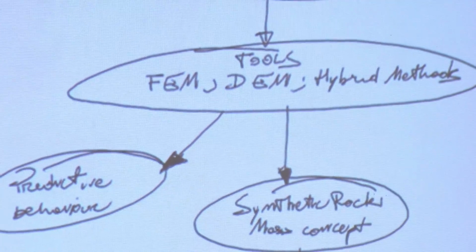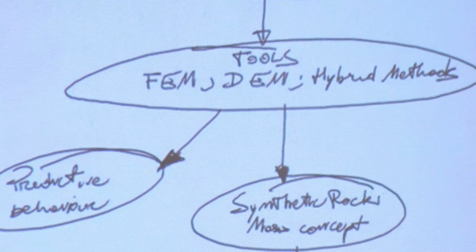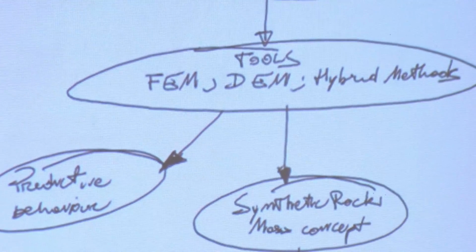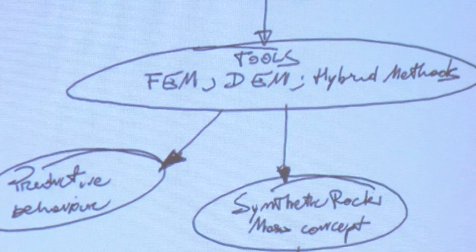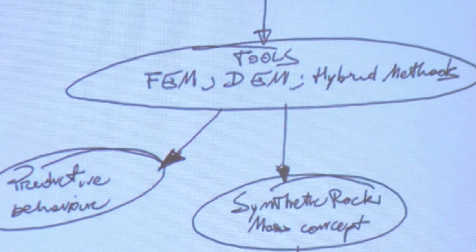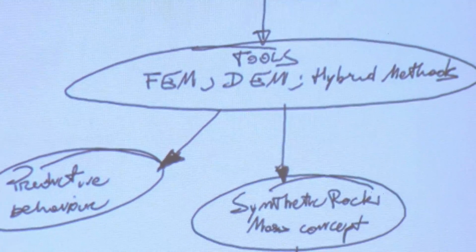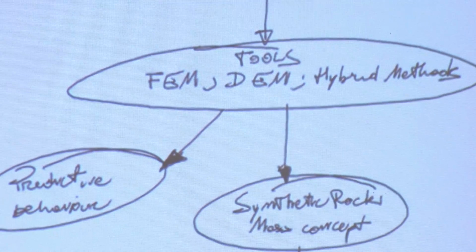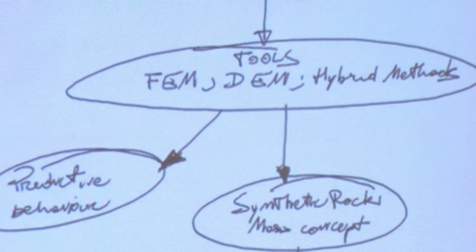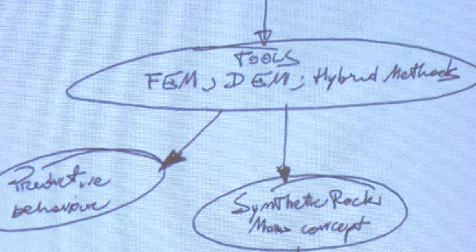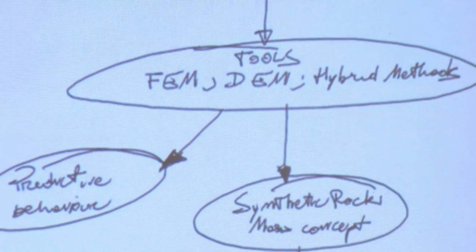Some of you, I think, were asking about UDEC. That is one discrete element code. And then you have hybrid methods that combine the finite element with the discrete element, the boundary elements with maybe the discrete elements, and so on. So those are tools.